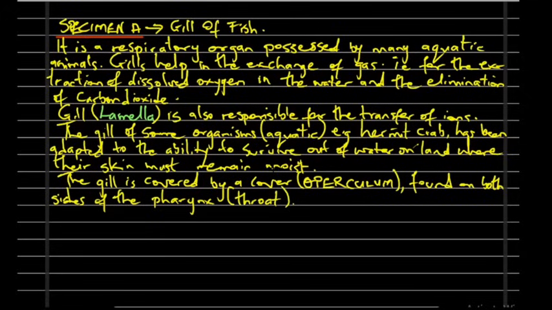Okay, let me quickly add a few more things. Fishes, we already said that they absorb dissolved oxygen. They extract dissolved oxygen from water. So how do they do it?